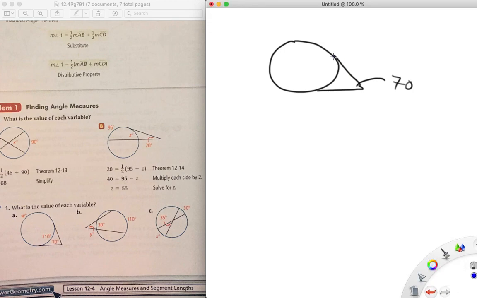And we're told that this guy over here is 110 degrees. So what is this guy? Well, we could actually do it 2 different ways.